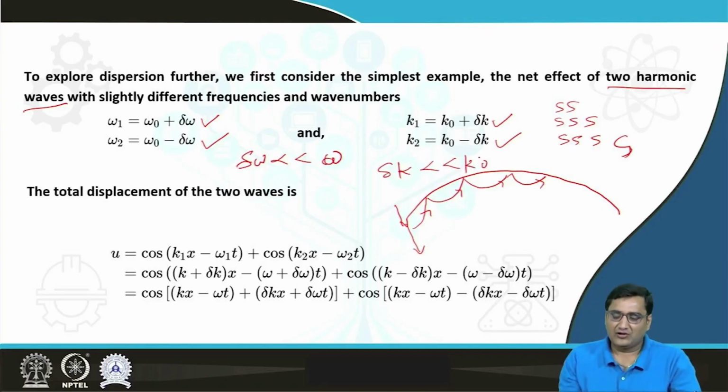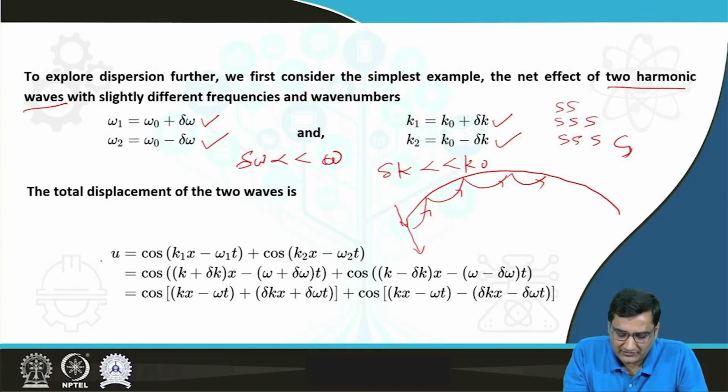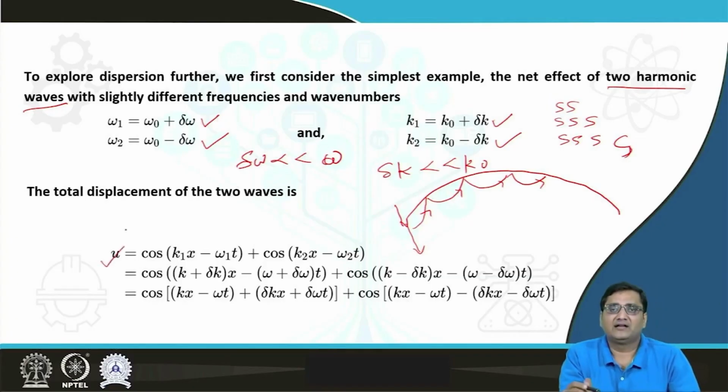In order to have the superimposition, we can write the total displacement due to these two waves having angular frequencies omega 1 and omega 2 and wave numbers k1 and k2. We can just sum up their displacements to get the net displacement of the two waves. So this u defines the net displacement, or the total displacement, due to the superimposition of two waves.